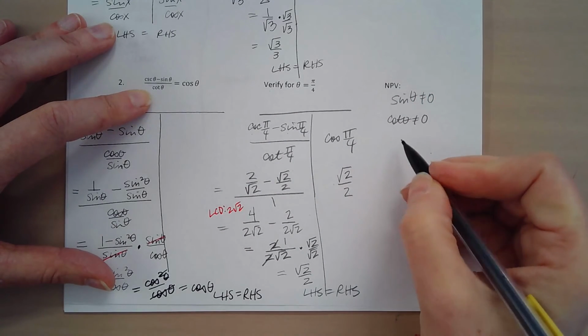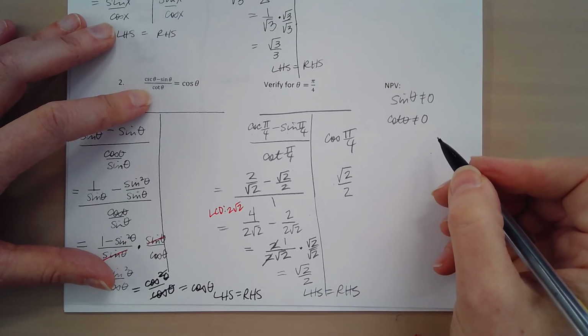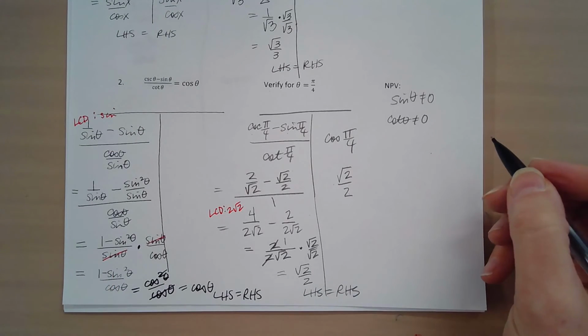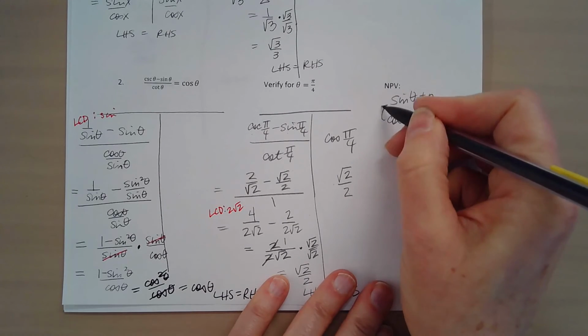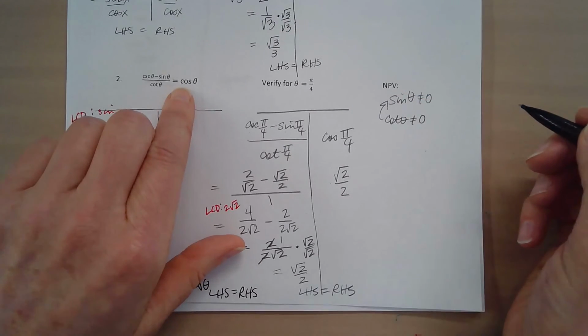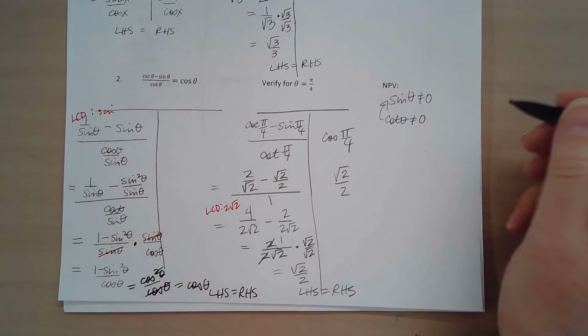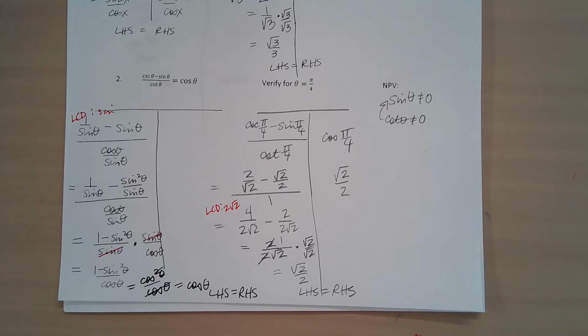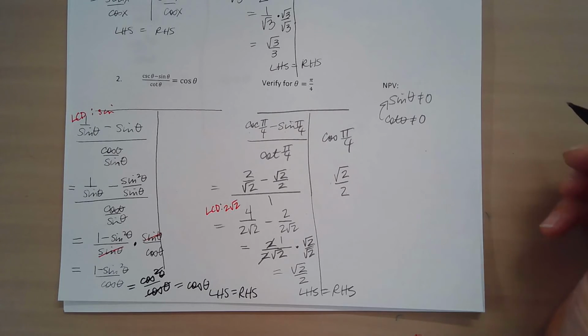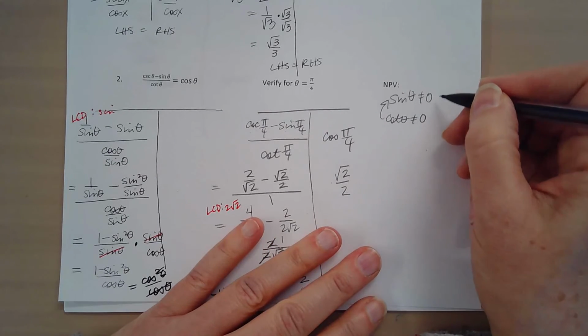But that's where sine equals 0 again, right? So that should be the same. And then here, nothing over here. So cotan is cos over sine. So again, that's where sine equals 0. So it should be the same spots, right?